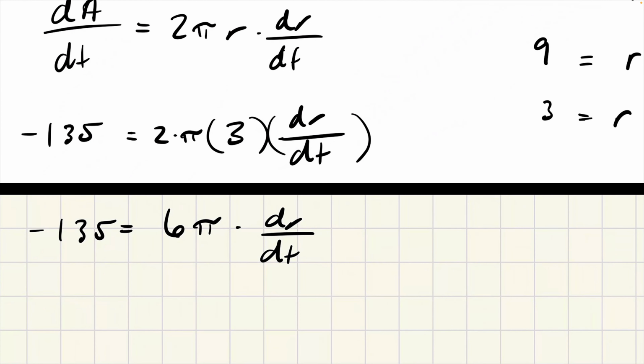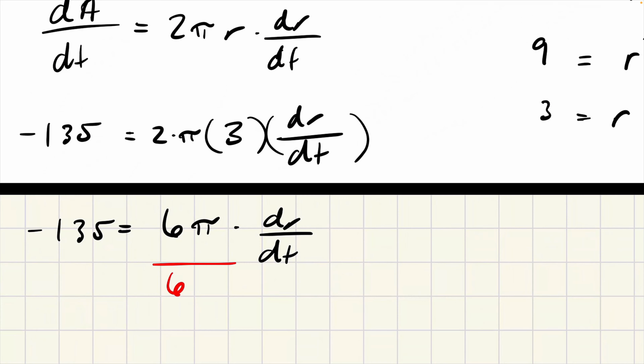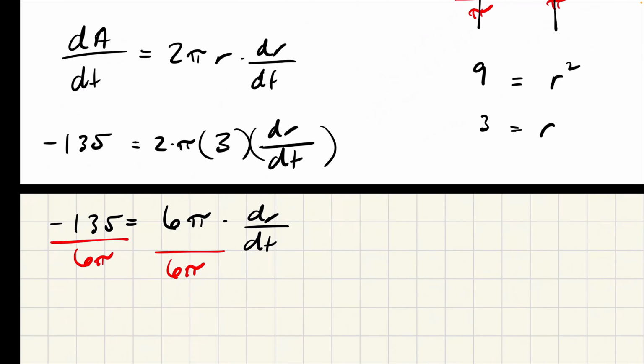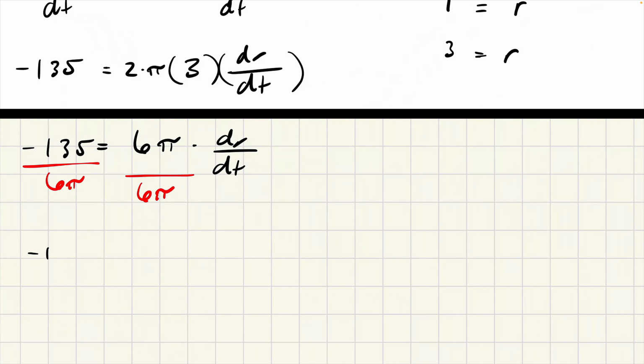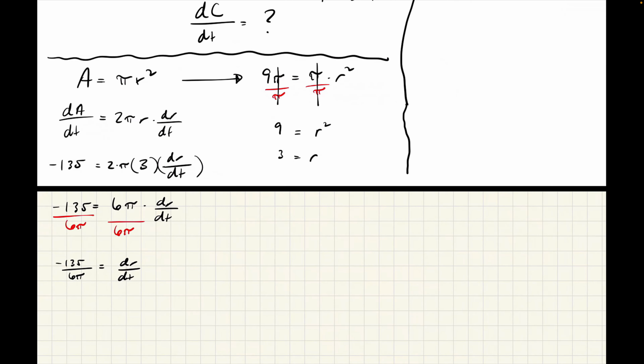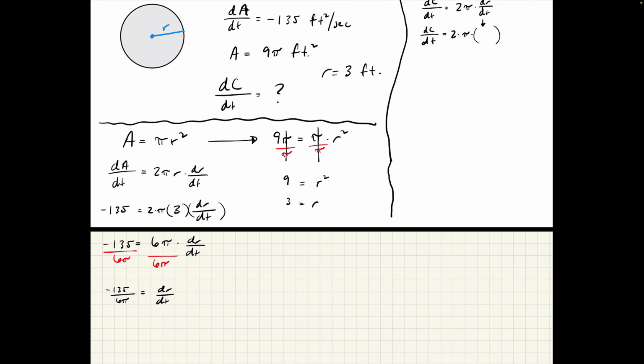I don't want 6 pi, I want dr over dt. So I get negative 135 over 6 pi equals dr over dt. That's what I wanted to solve the problem.